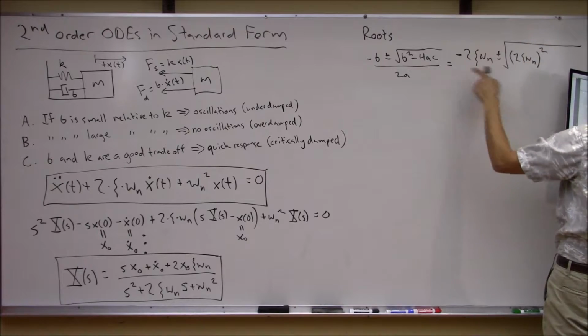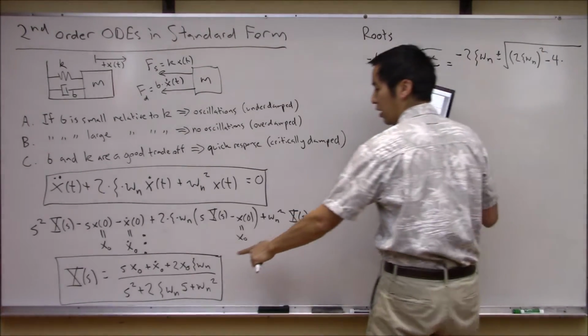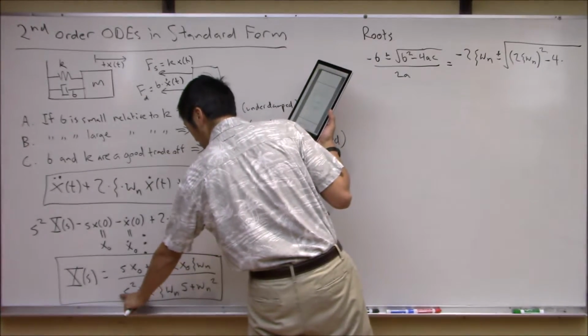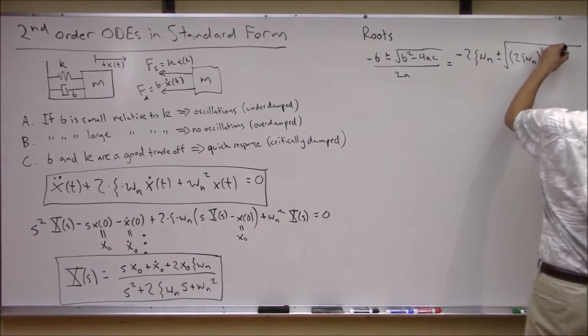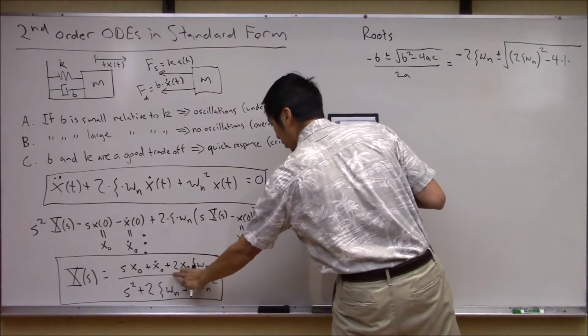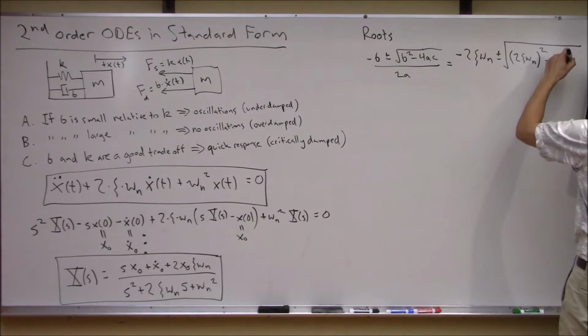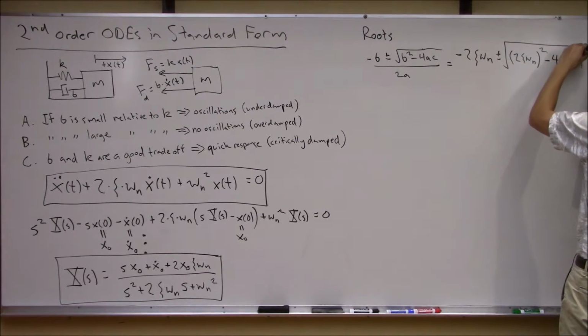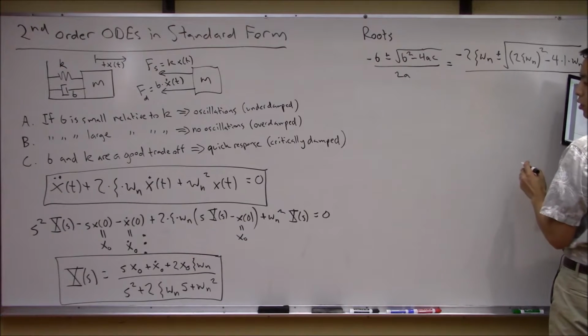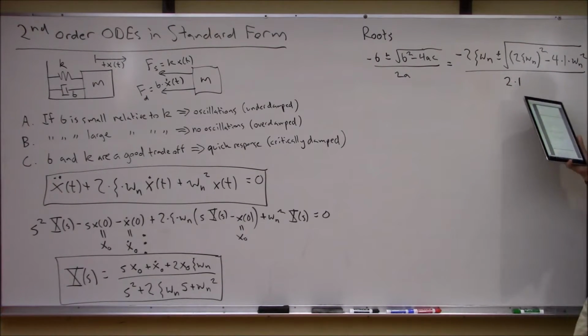This is the b squared minus 4 times a, which was the coefficient of the s squared. Well, good, that's a 1. 4 times 1 times c, which was the constant here, times omega n squared. So this is all over 2a, so that's just 2 times 1.